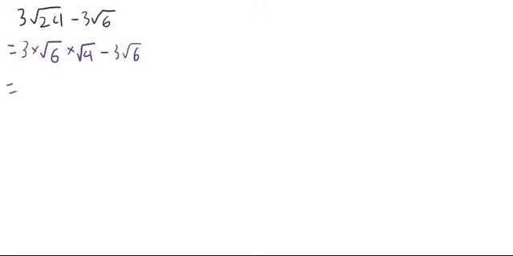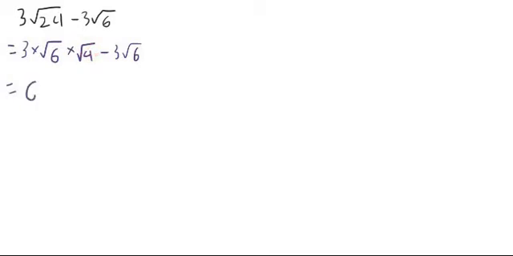So root 4 is the same as 2 because 4 is the square of 2. So if 4 is 2 squared, then you root 4 and you get 2. So you have 2 here. 3 times 2 times root 6.